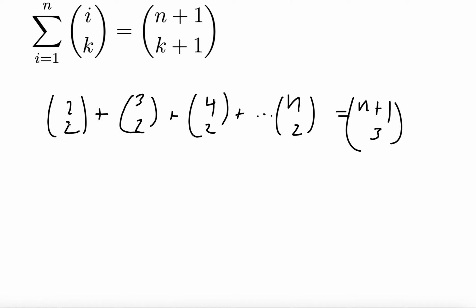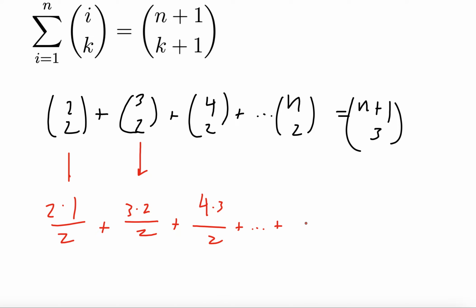We can now expand each of these combinations by definition. The first one becomes 2 times 1 over 2, plus the next one becomes 3 times 2 over 2, plus 4 times 3 over 2, all the way up until n times n minus 1 over 2, is equal to n plus 1 times n minus 1 all over 6.